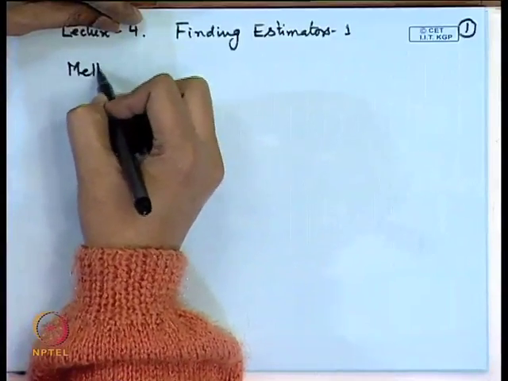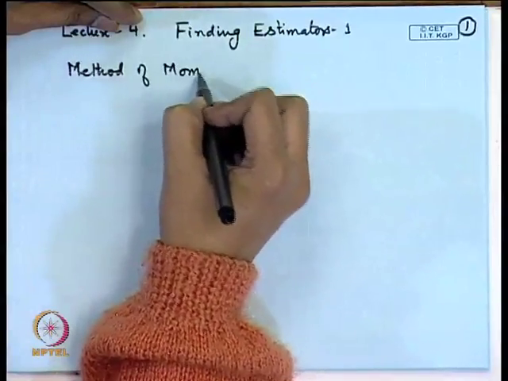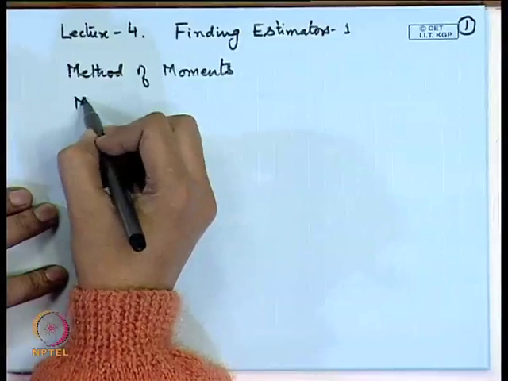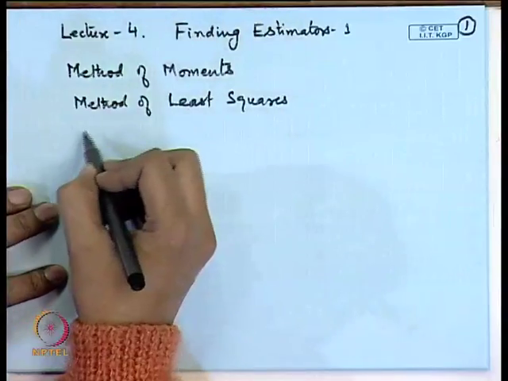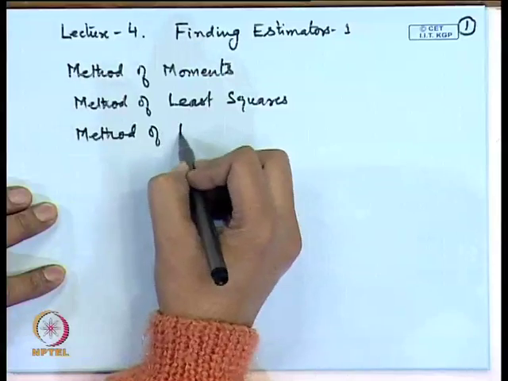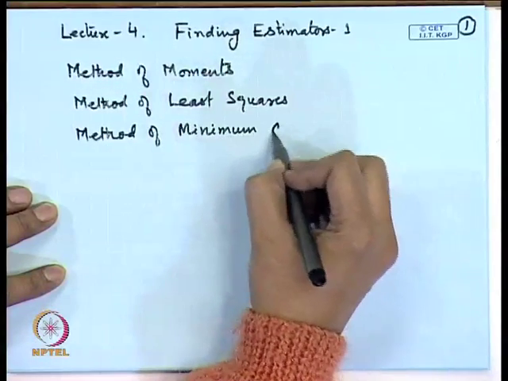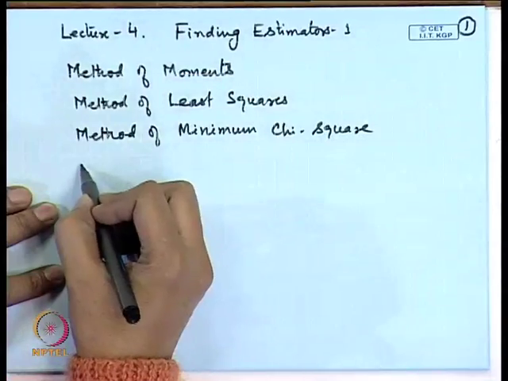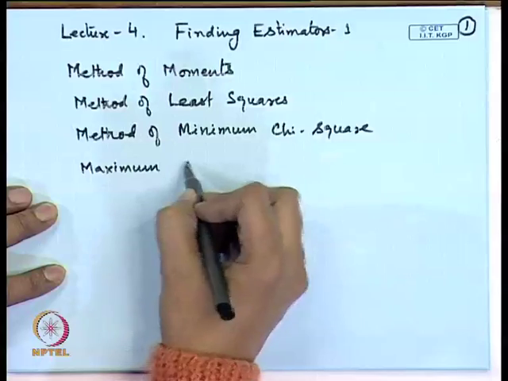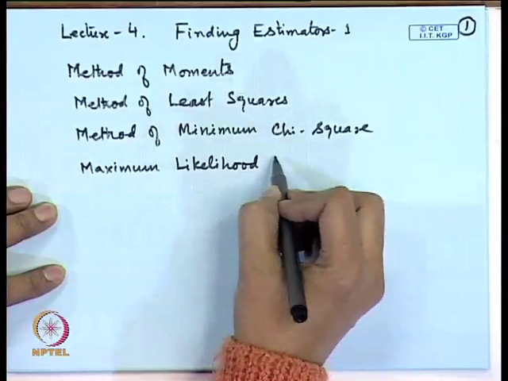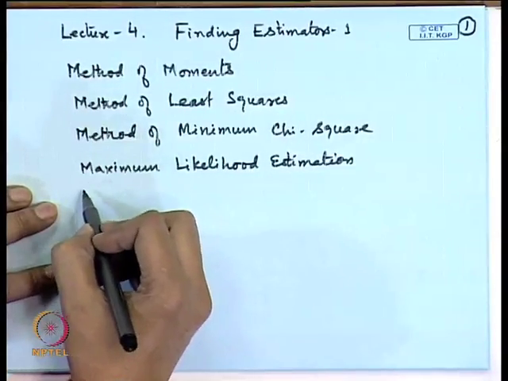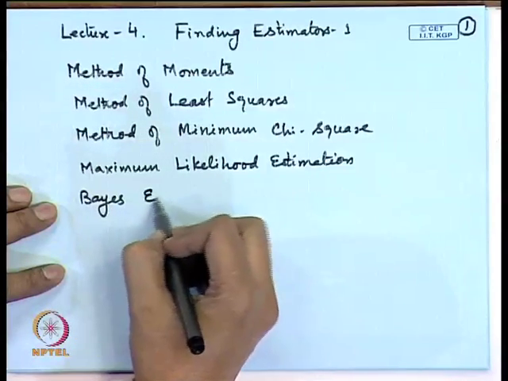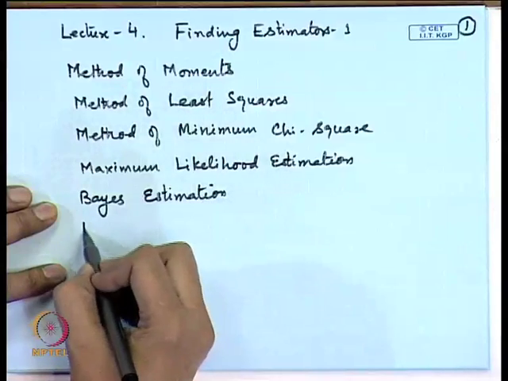So, some of the well known methods which are used are the method of moments, the method of least squares, the method of minimum chi-square, then maximum likelihood estimation, and then there are certain new procedures such as Bayes estimation, minimax estimation.